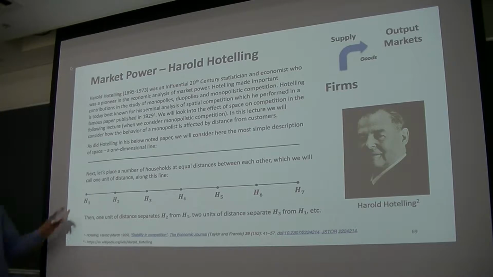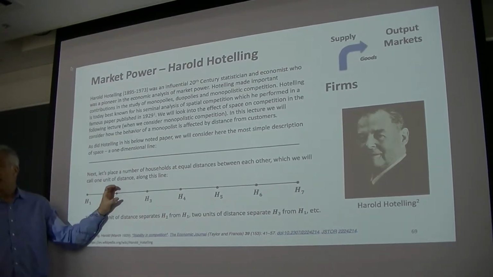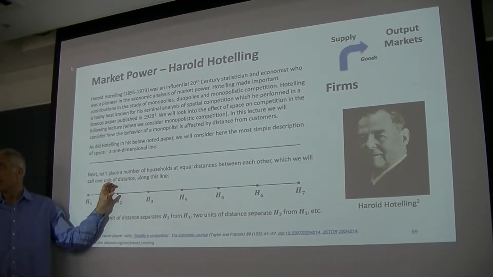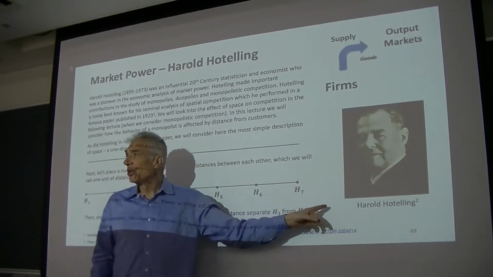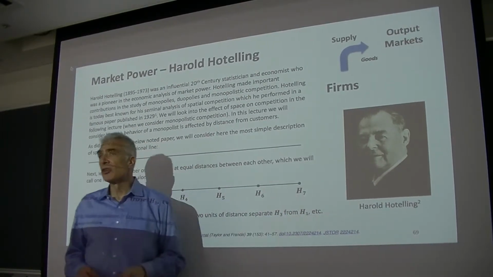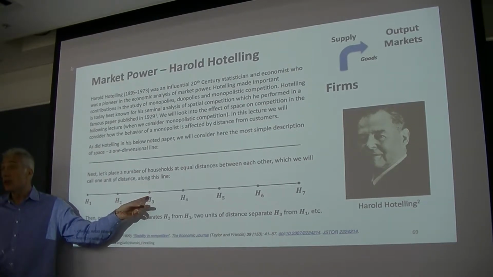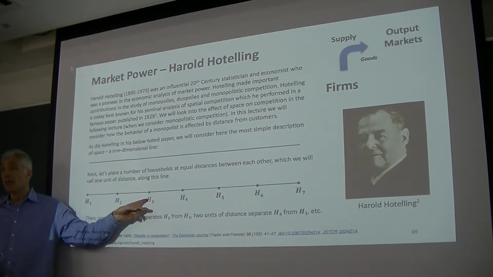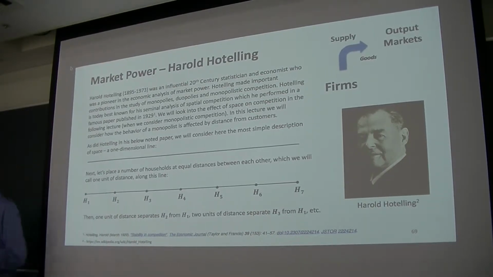Say you have households located along a line, and there's a park here, and you want to know the probability of people using the park. The people further away from the park are going to use it less. So their demand for the services of the park is less than that of the people closer, because the cost of getting to the park, whether walking or biking, is higher. The further away you live from a park, the less frequently you go there.